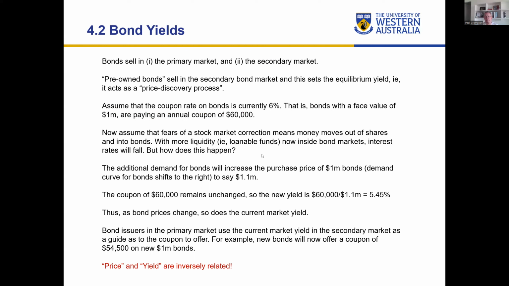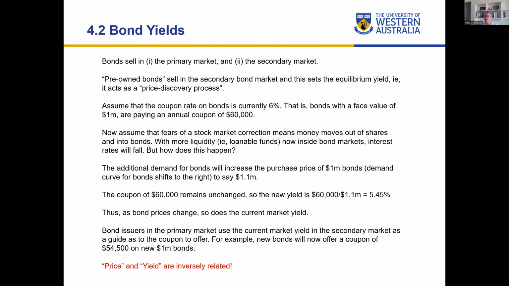The only thing that I've added here is that I'm assuming that the price of the bond increased from $1 million to $1.1 million because of the fears of a stock market correction, right in the middle of the slide there, which means money will move out of the stock market and into the bond market.